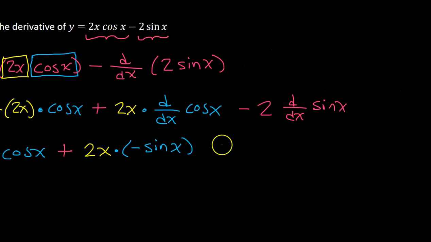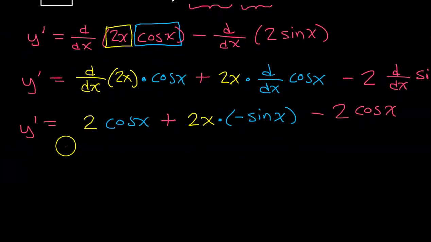And then that brings me to this part. So I'm keeping the constant. And again, we memorized that the derivative of sine is cosine. So I'm simply going to have cosine x right now. So now this is the derivative. I'm just going to look through and see if there's anything I can simplify. And what I notice is we have a 2 cosine x and a negative 2 cosine x.